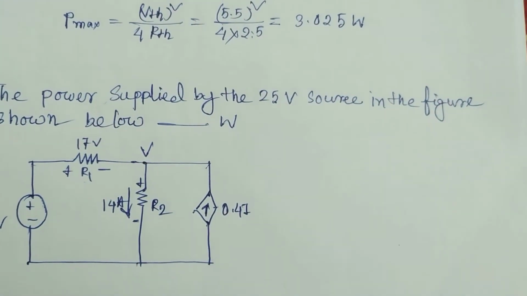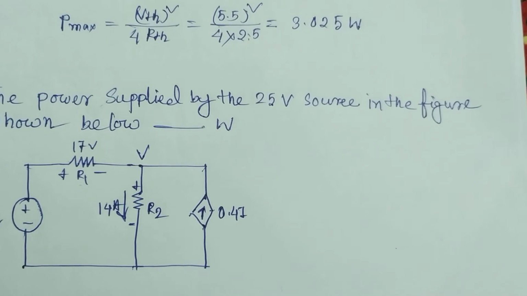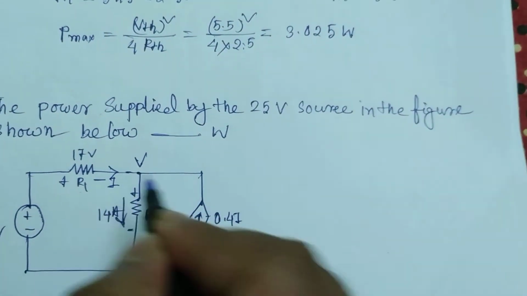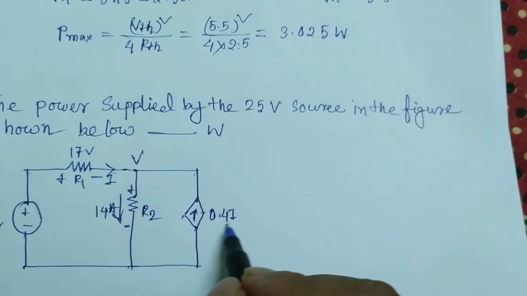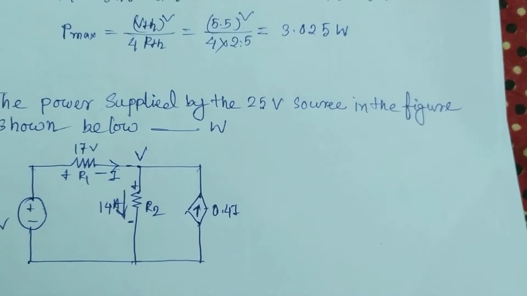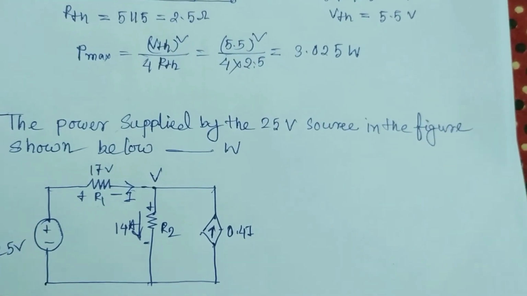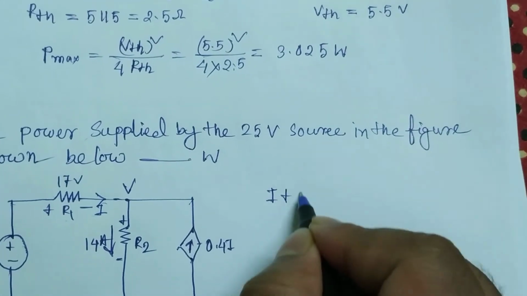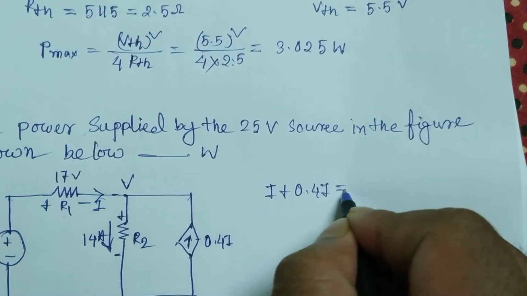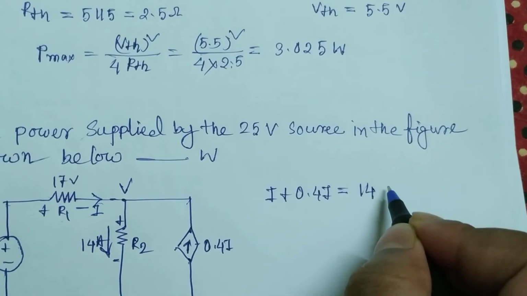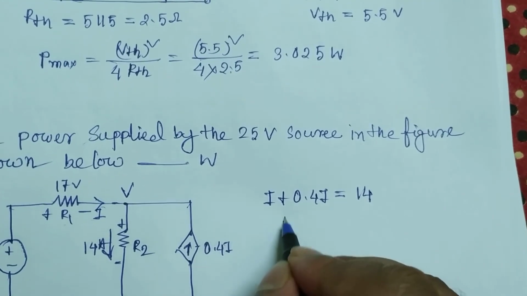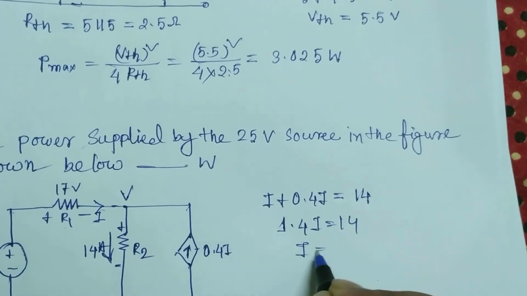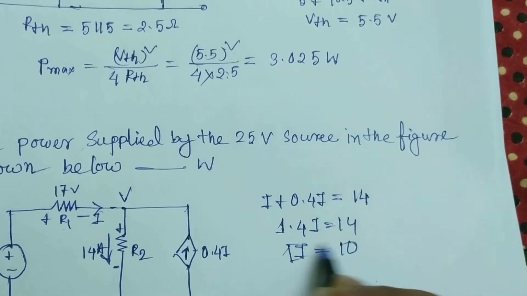Now we all know incoming current equals outgoing current. So here is current I, and I plus 0.4 I equals 14 ampere. So 1.4 I equals 14, I equals 10.